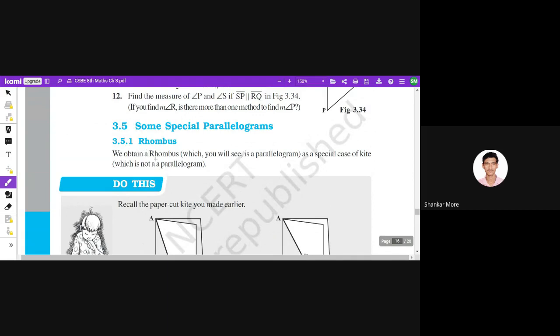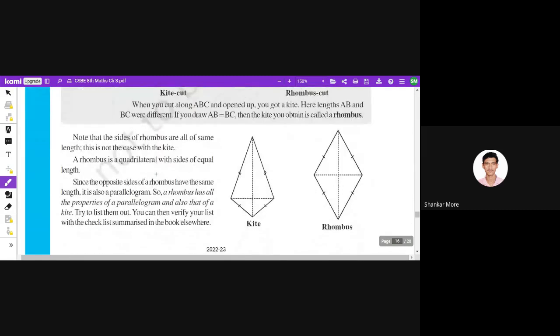So we obtain a rhombus, which you will see in a parallelogram, as a special case of a kite, which is not a parallelogram. So what does that mean? Now see, this is a rhombus and this is a kite. What is the difference between a rhombus and a kite? Can anybody tell me in the chat box? What is the difference between these two figures?